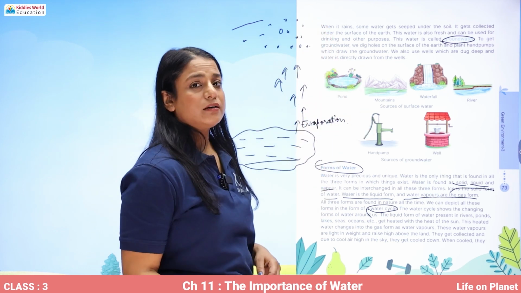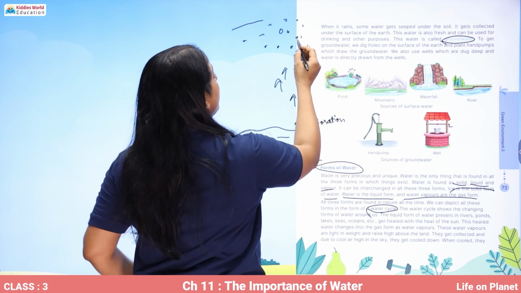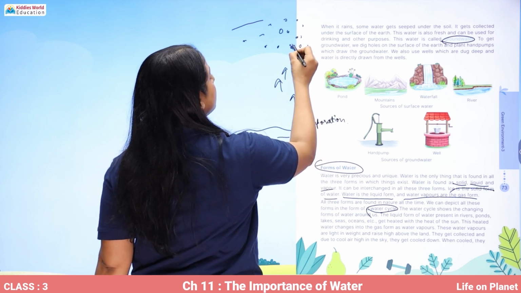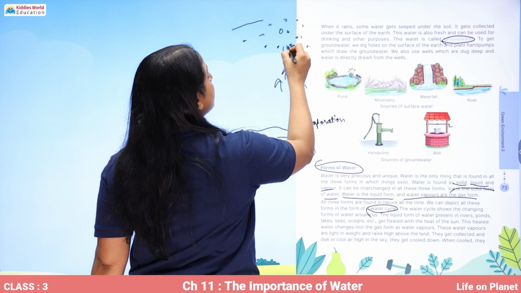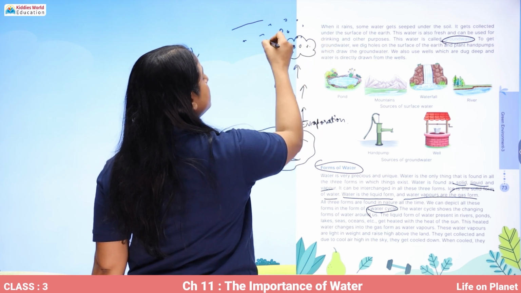Again, it becomes water. And when these water droplets come very close to each other, they form clouds.